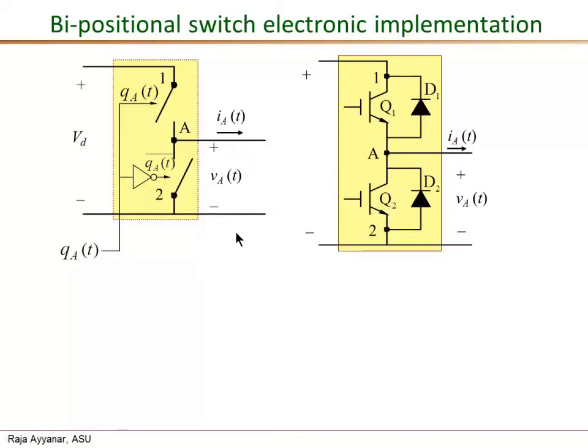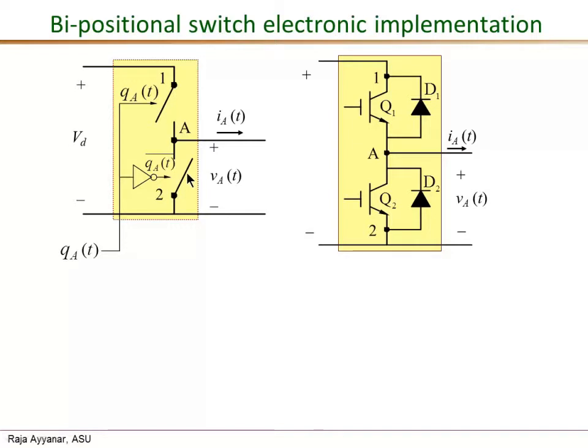Then we come to the actual electronic implementation of the bipositional switch. So here is the electronic implementation of a complete bipositional switch. We know that we implement the bipositional switch by having two simple on-off switches, or two SPSTs, as shown here in the figure on the left, and each of these SPSTs is realized, in general, by a single controlled switch, this Q1, and a diode across it.